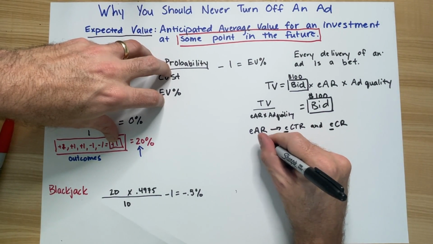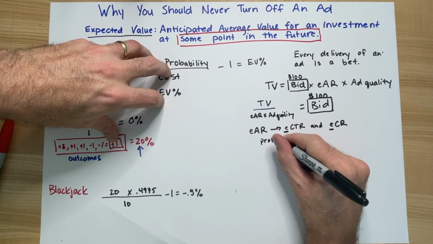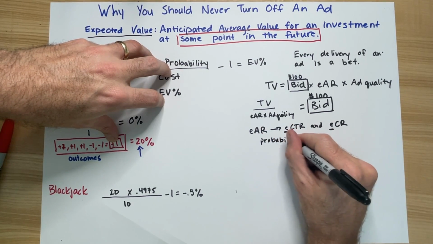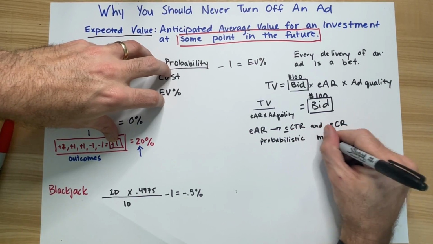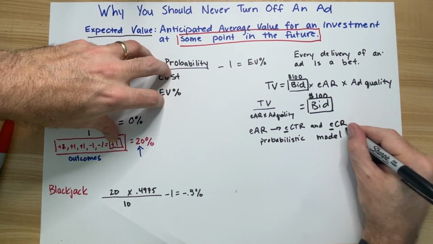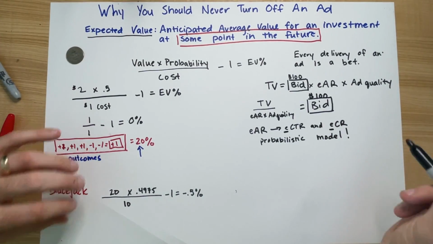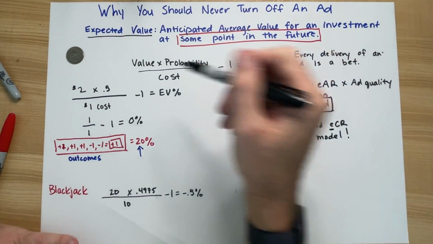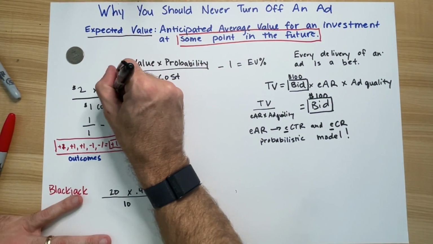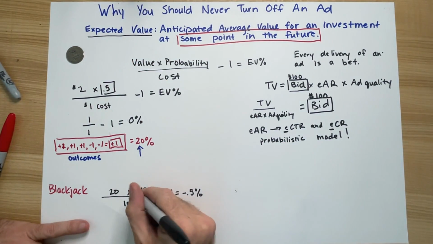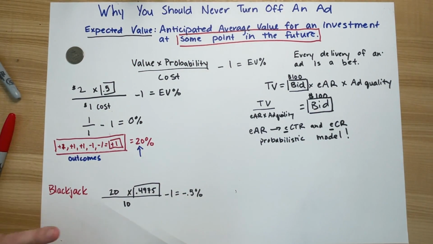This is a probabilistic model. Okay. In the same way that with flipping a coin, we are sort of operating under 50%, or playing blackjack, we're operating under 0.495 or 4.975.